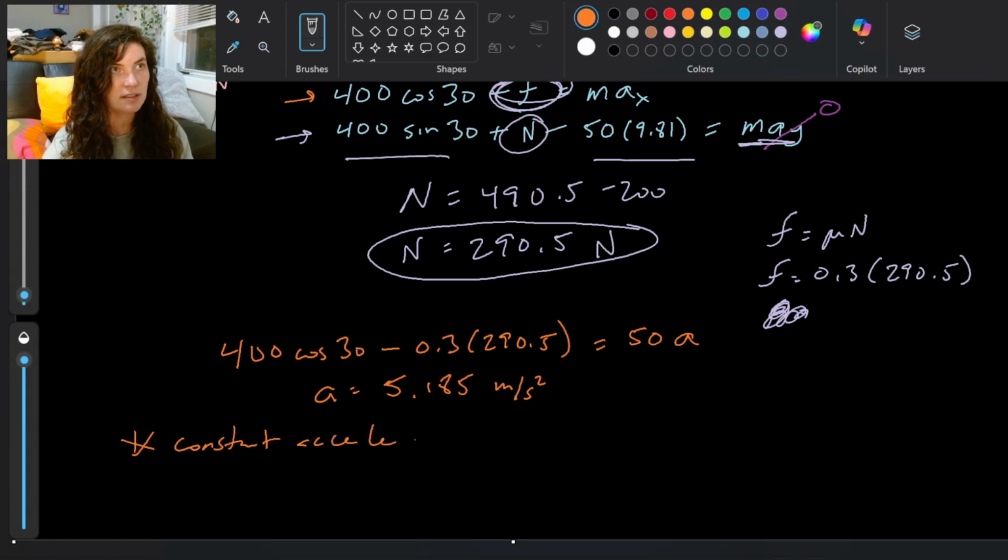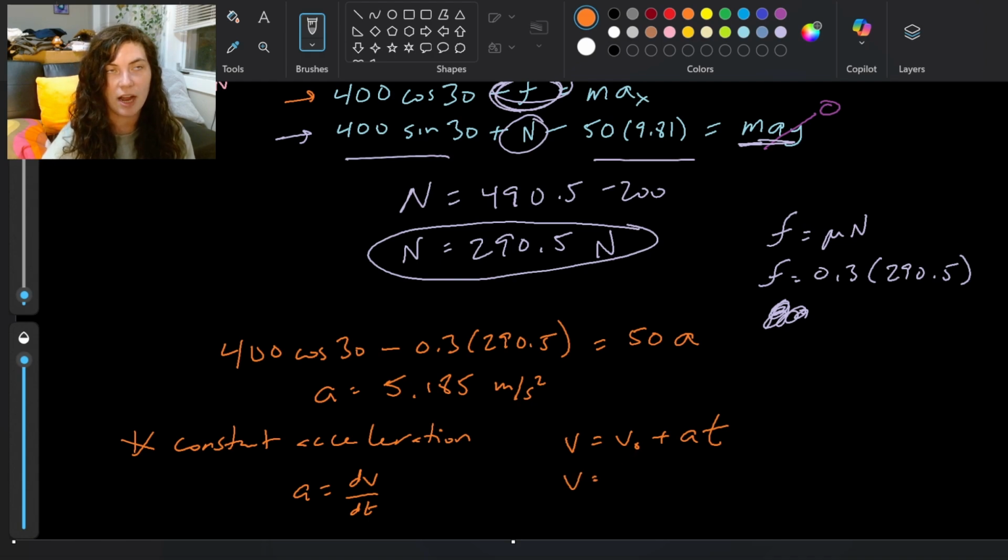And since this is a constant acceleration, even though we could go ahead and do a equals dv/dt, if you don't feel like taking an integral, we can clock this as constant acceleration and use the kinematic equations. v equals v naught plus at. So v equals our v naught.